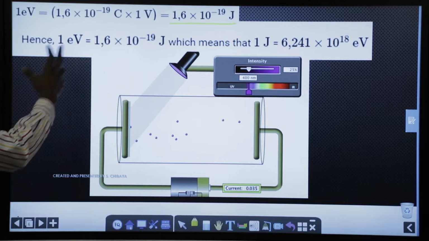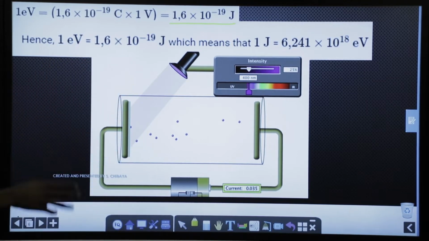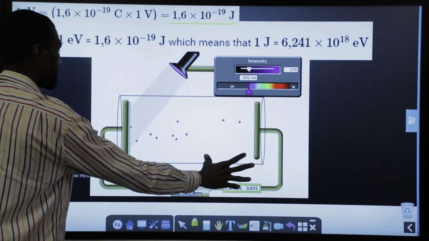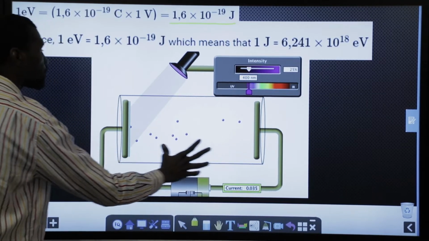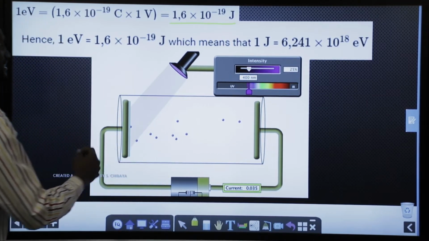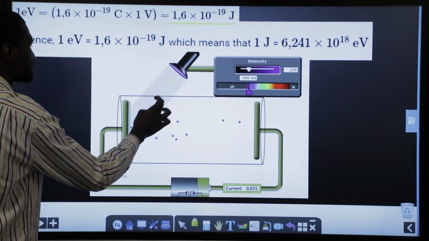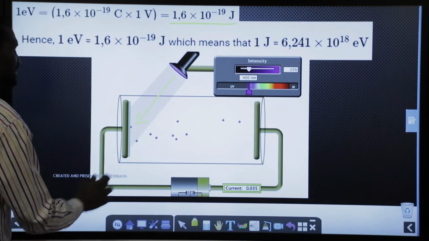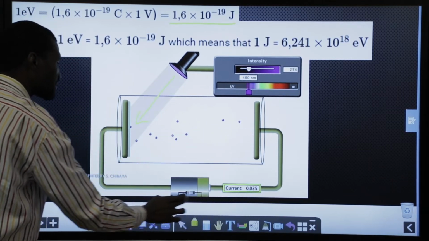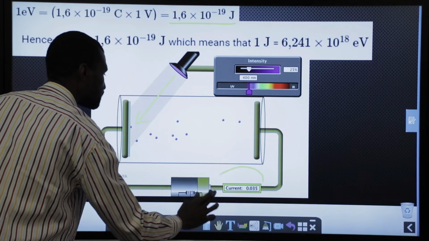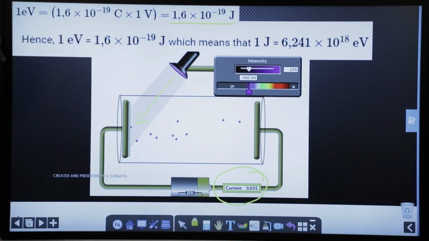Remember that in the scheme of things, it comes very handy when you're applying it in calculations involving a photovoltaic cell. What does a photovoltaic cell do? It provides light, and from that light we produce electrons, and we produce a flow of electrons, which is current.